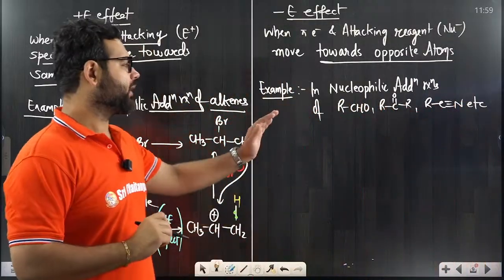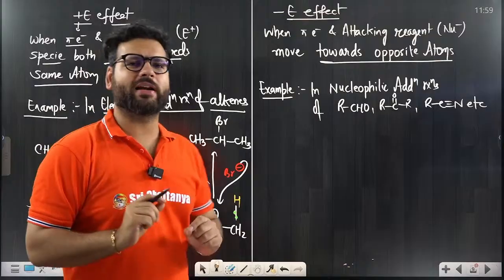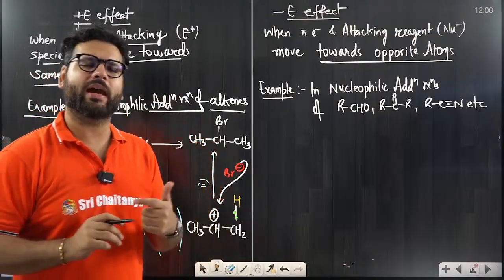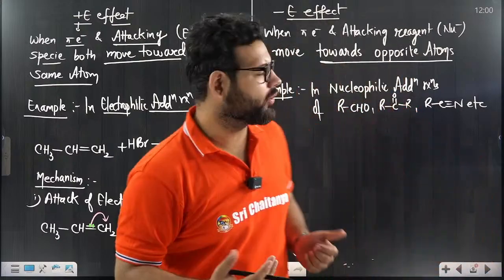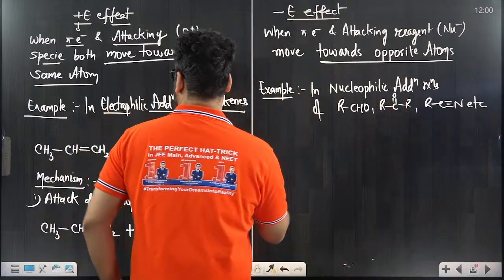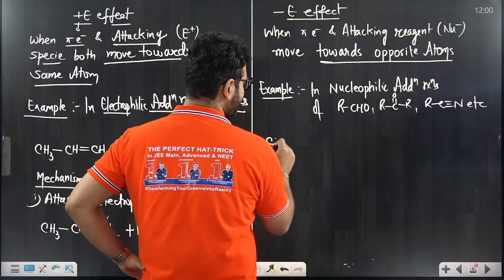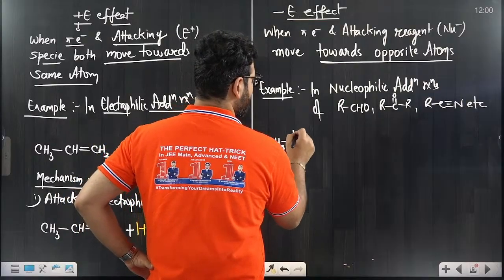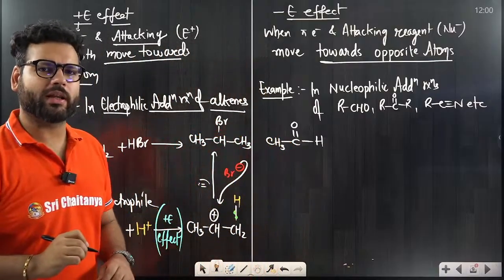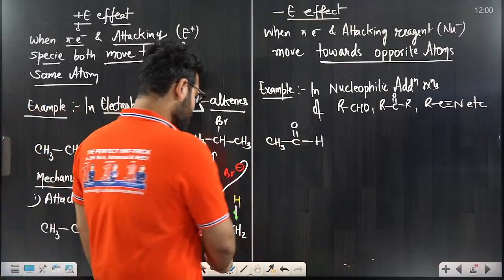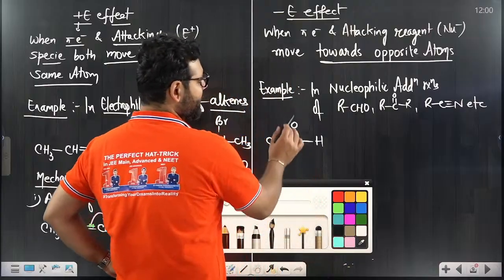So when you go to the chapter aldehydes and ketones, you will study a reaction of aldehydes and ketones with something like Grignard reagent. So let's see how Grignard reagent reacts with this. For example, if I take any aldehyde, let me take the simple one, acetaldehyde or ethanal. In ethanal, carbon and oxygen are having a pi bond.